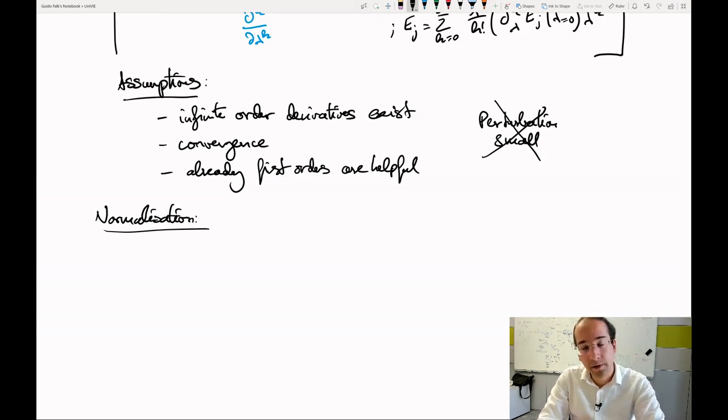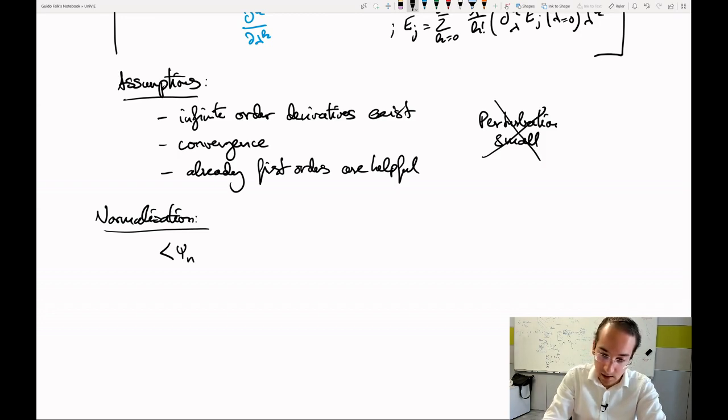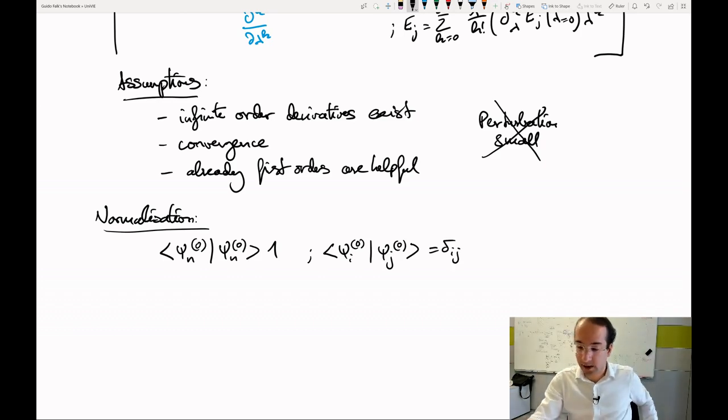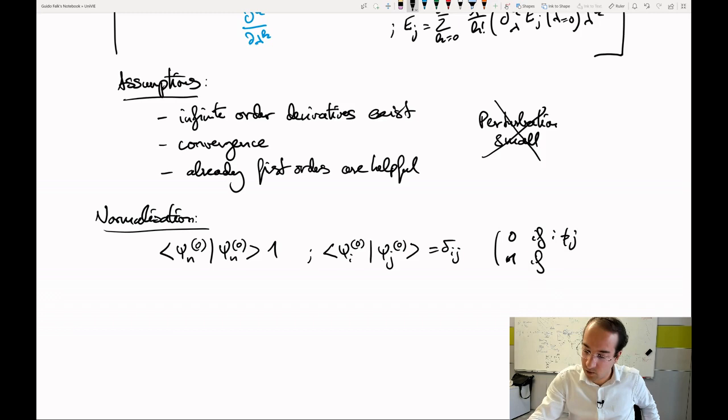What we start with is the requirement that for the solution that we already have, we know that the individual eigenfunctions are orthonormal, such that <psi_n^0|psi_n^0> is 1, or more generally, <psi_i^0|psi_j^0> is the Kronecker delta ij, so that means 0 if i is not equal to j, and 1 otherwise.